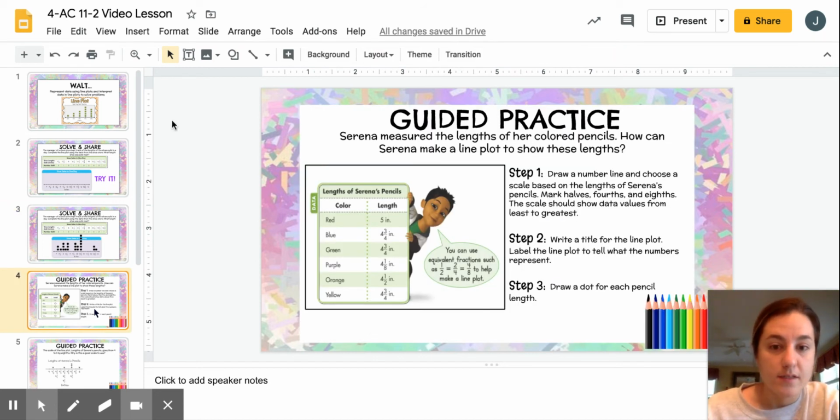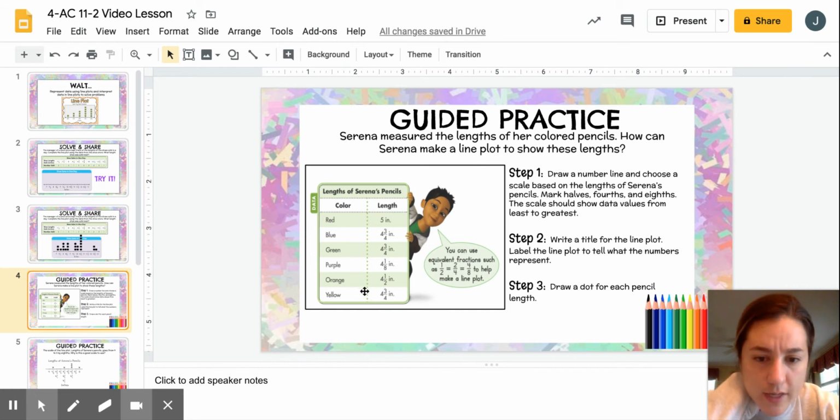Guided practice. Serena measured the lengths of her colored pencils. How can Serena make a line plot to show these lengths? So here's her table where she puts all of her information before she organizes it into a line plot. So we have the color of each colored pencil and all their lengths measured in inches. And it says, this is important, you can use equivalent fractions such as 1/2 equals 2/4, which equals 4/8 to help you make a line plot.